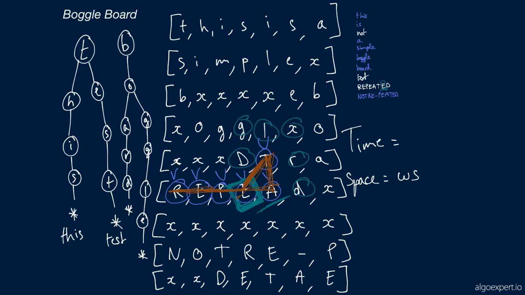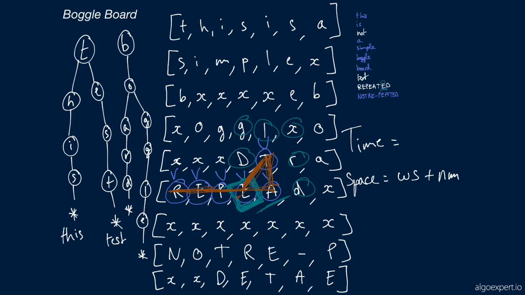If you're not convinced of this, you can look at the suffix tree construction video on the website where we explain this. We're also building an auxiliary matrix that is going to contain all the booleans, true or false, of whether or not a node has been visited in the current branch that we're traversing. So we know that it's going to be WS plus, let's say, NM, where N is the width of the matrix and M is the height of the input matrix.